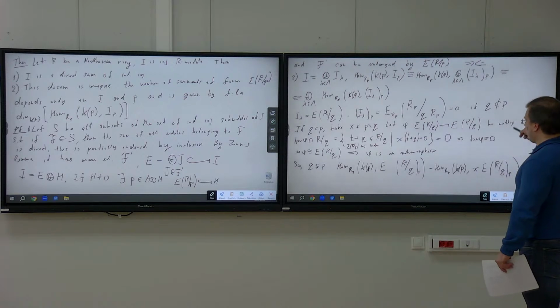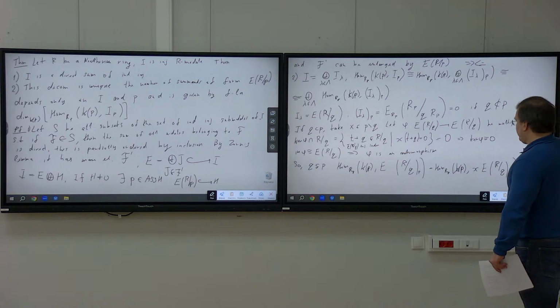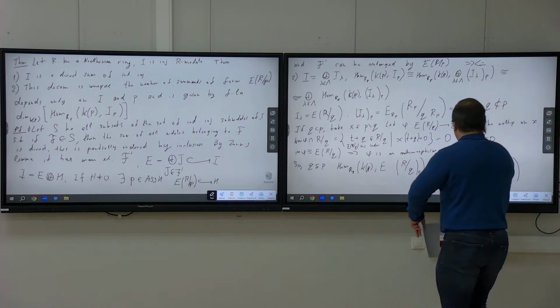And of course, if I localize at P, if it was an automorphism, it's still an automorphism.